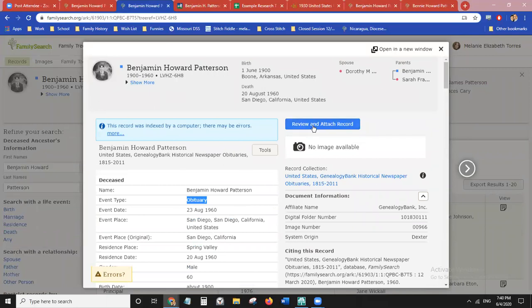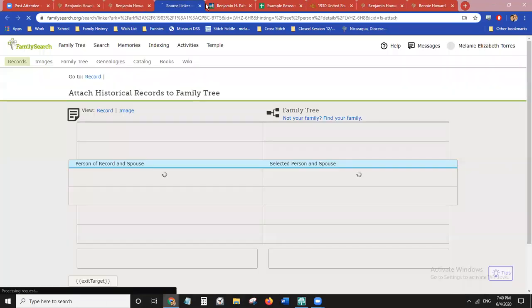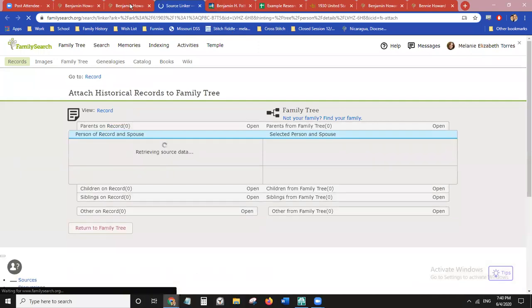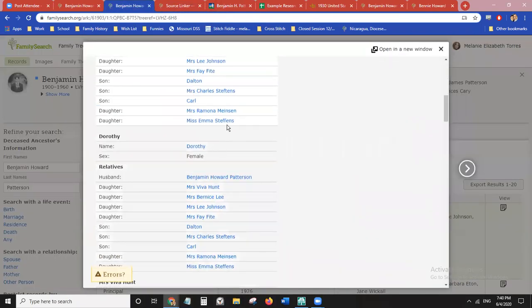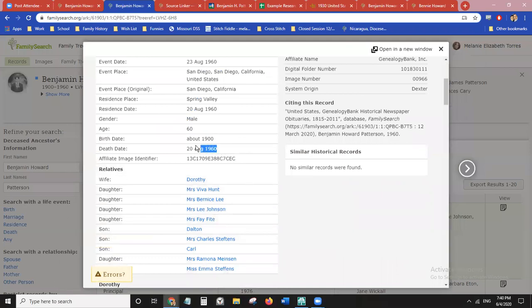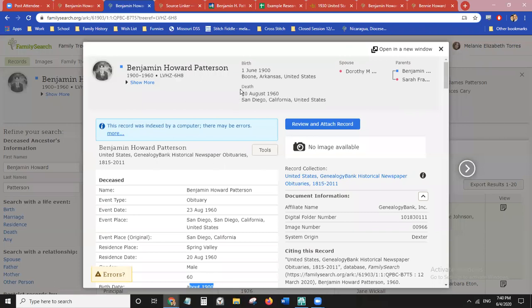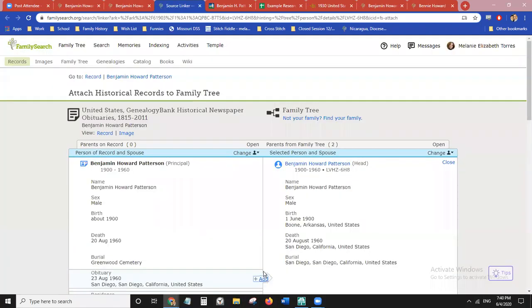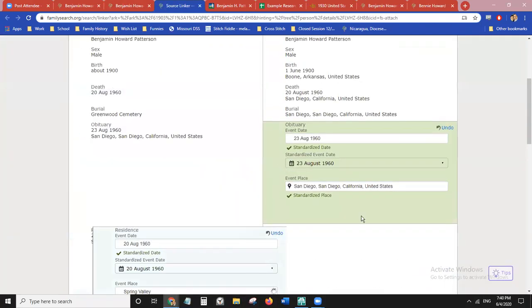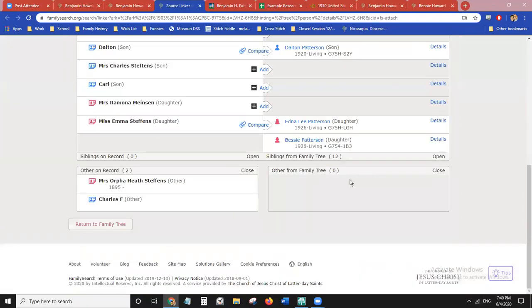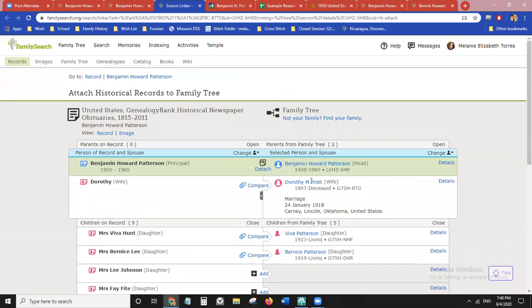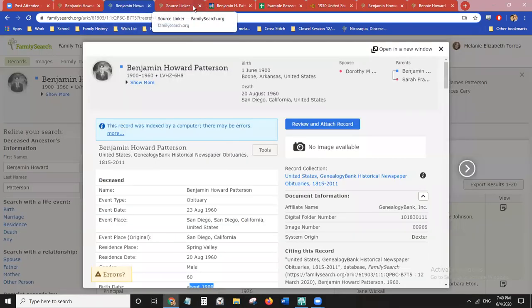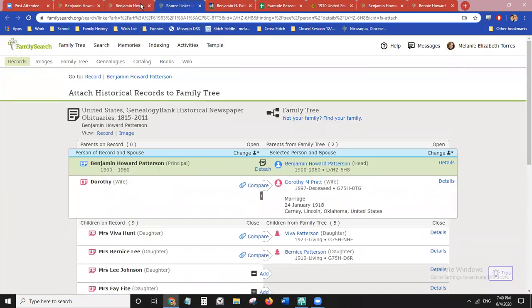So here is a newspaper article, and I'm going to go ahead and attach that because it matches our information on death and birth right here, and for the people in his family. So now I'm going to add that. I'm going to ignore attaching it to all his wife and children right now just to save time.